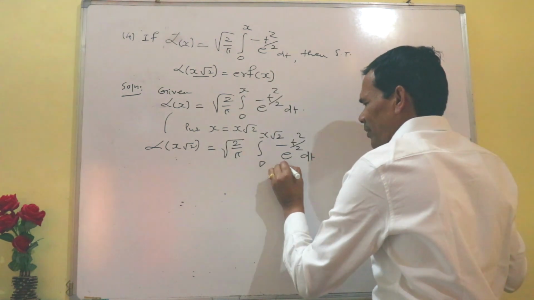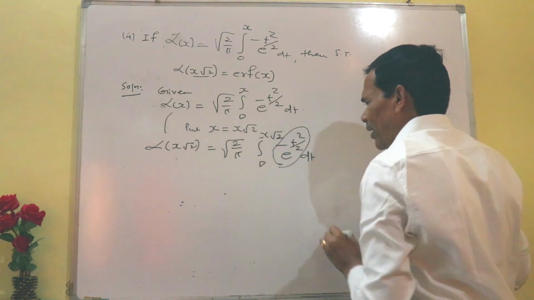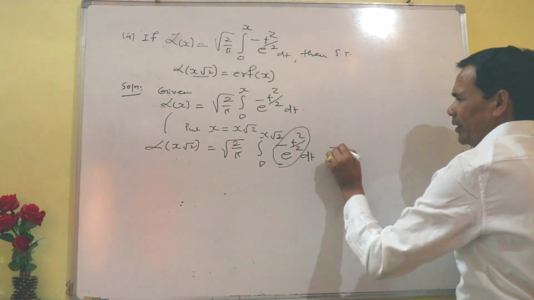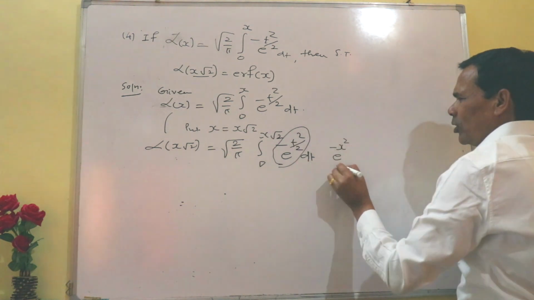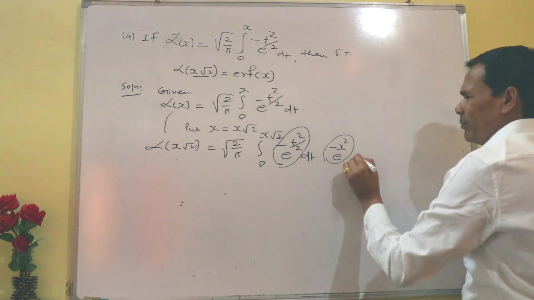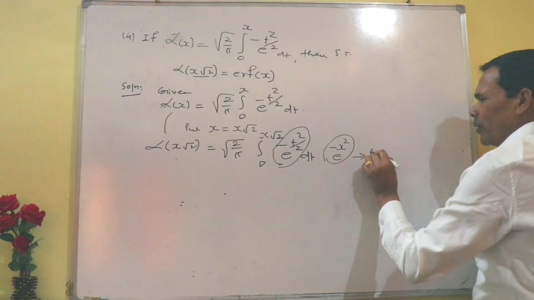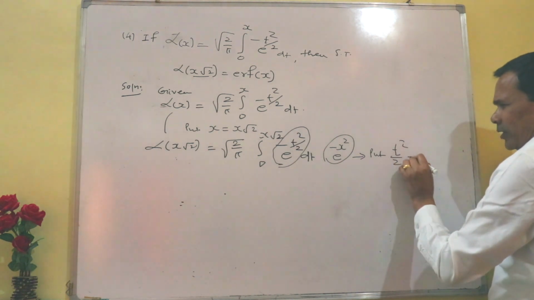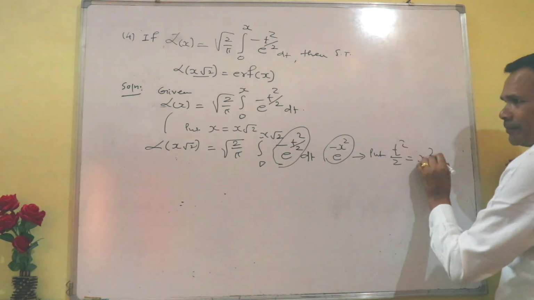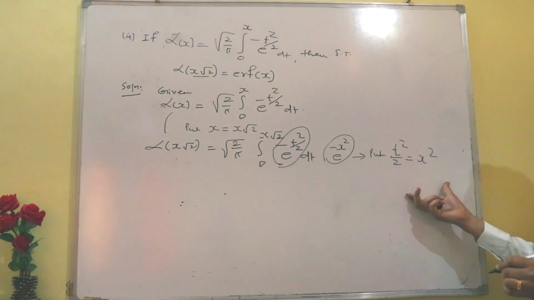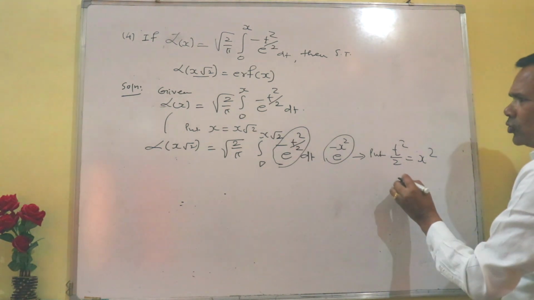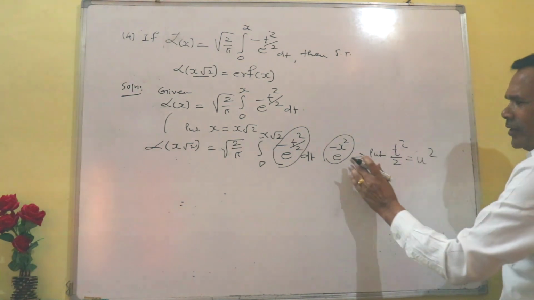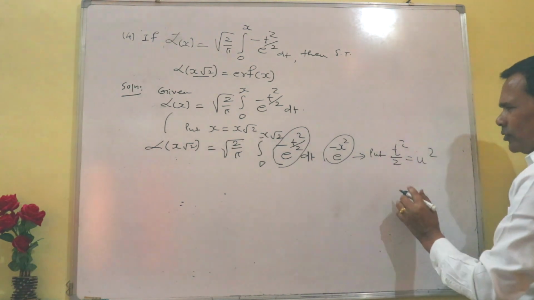So for error function of x, again I move to the kernel driving function. It must be of this particular form, e raised to minus x square. So I must substitute here, put t square by 2 is equal to u square. Anything you can take.